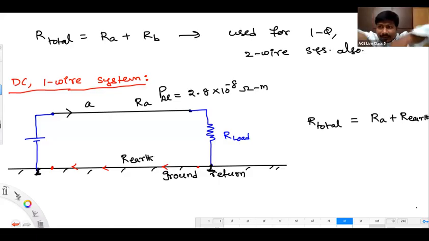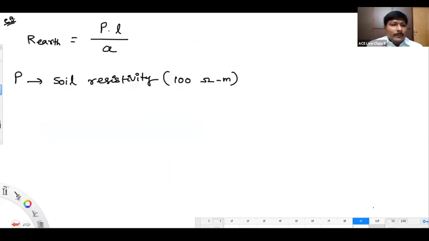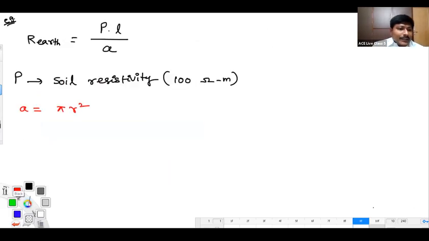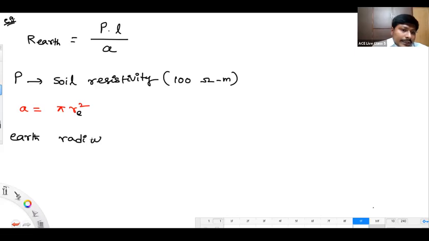If you look in this manner, the earth looks like a circle, and the circular cross section we should keep in these calculations. What is that circular cross section? Pi r square is the area of cross section to be expected. And what is the earth radius now? r is around 6,800 kilometers.